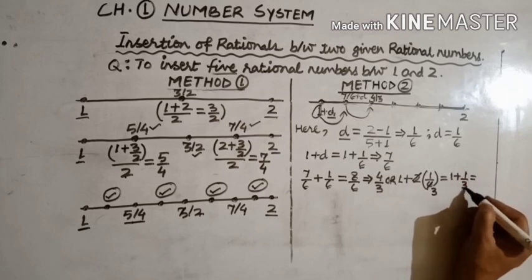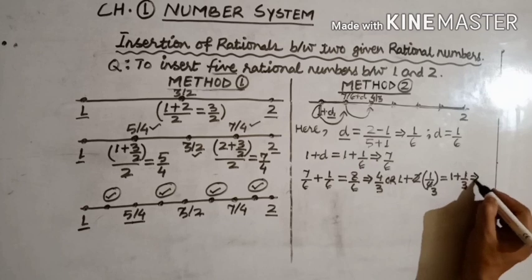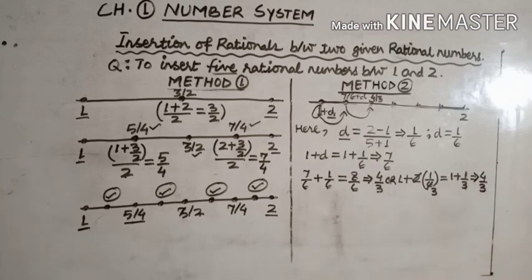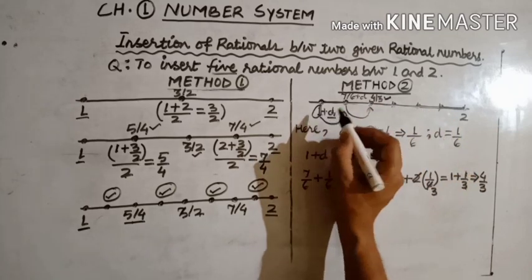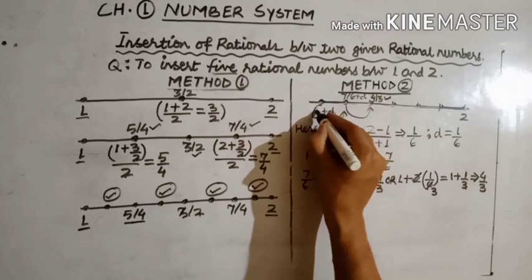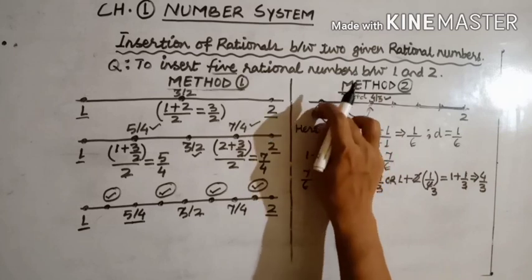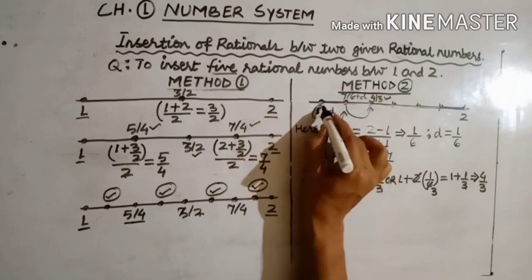So it is 3 ones are 3 plus 1, 4 by 3. So that's the second rational number between 1 and 2.